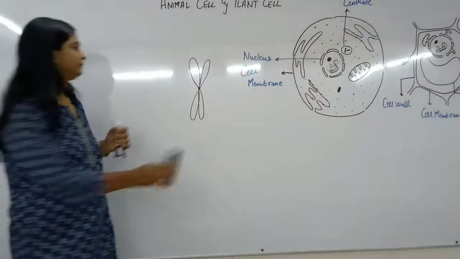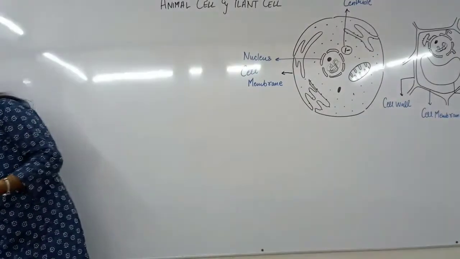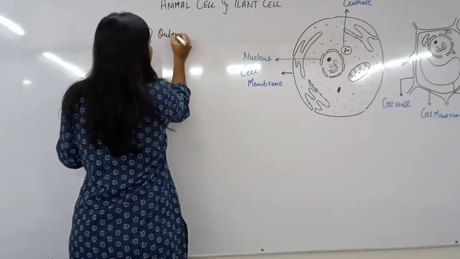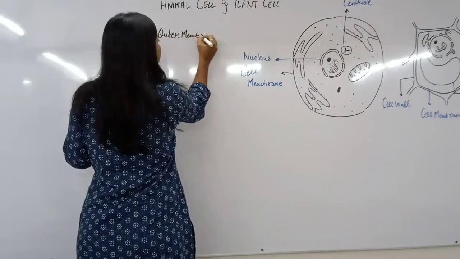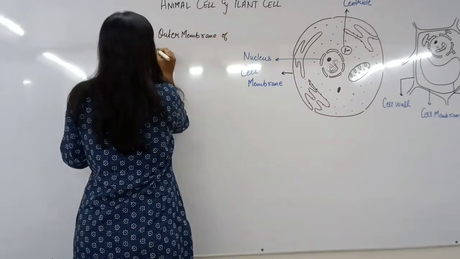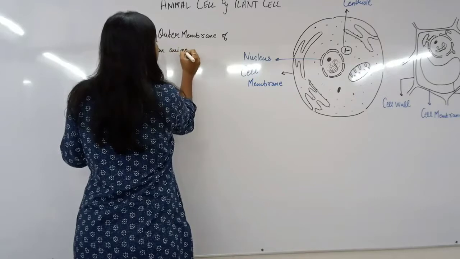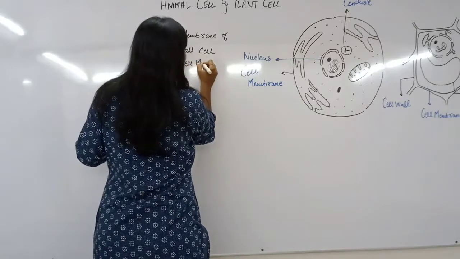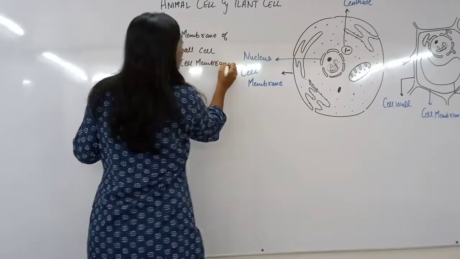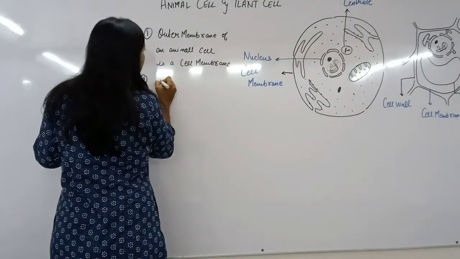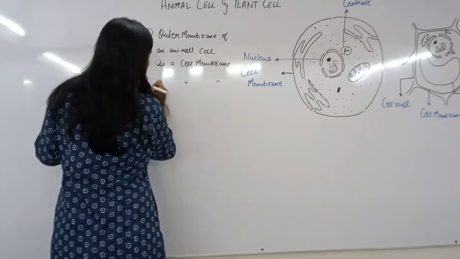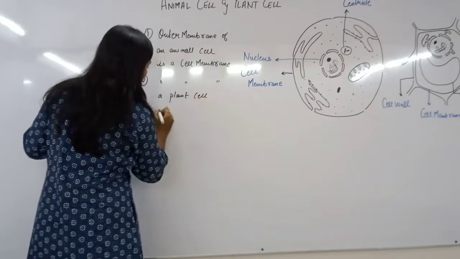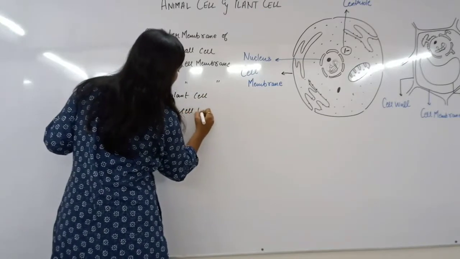Let us note them down. The very first difference that we see is that the outer membrane of an animal cell is a cell membrane, while in a plant cell, the outer membrane is a cell wall.